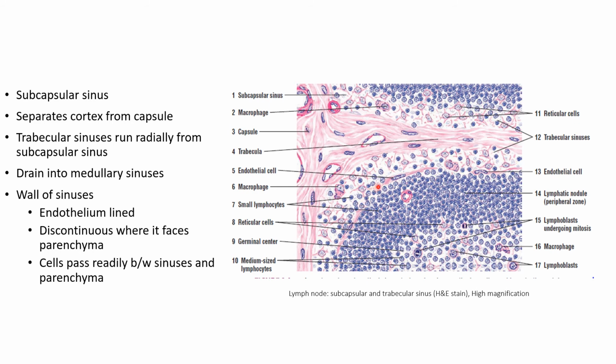The lymphocytes and macrophages or their processes can readily pass back and forth between the sinuses and the parenchyma. In this manner, the lymphocytes from the lymph flowing in the sinuses and the macrophages can enter into the parenchyma of the lymph node.